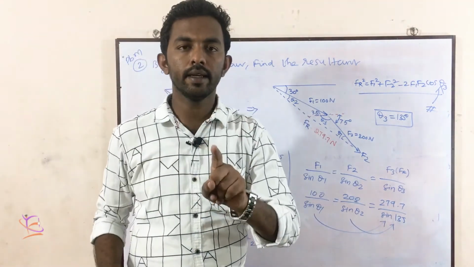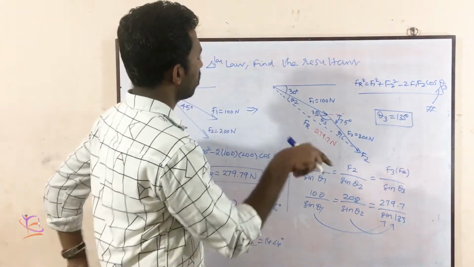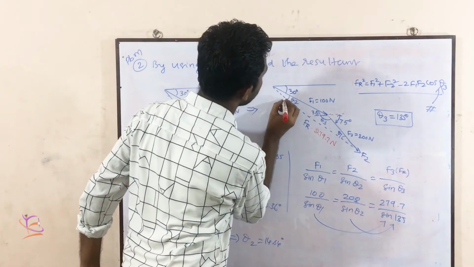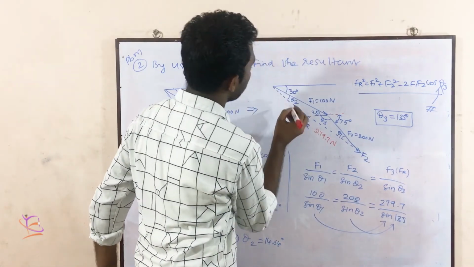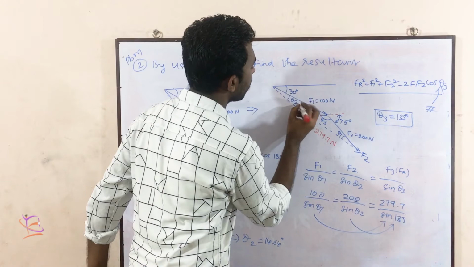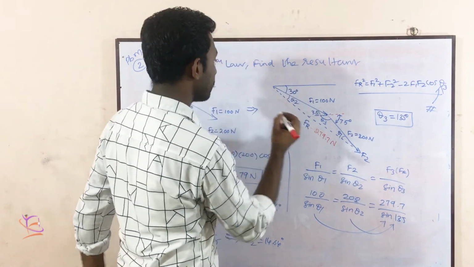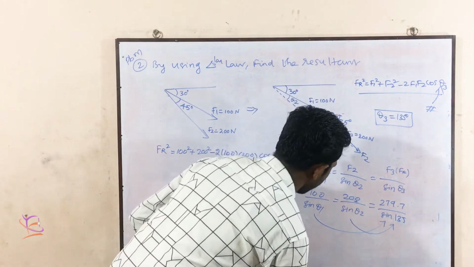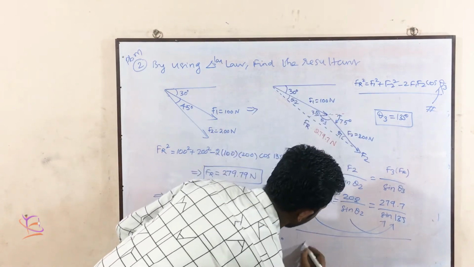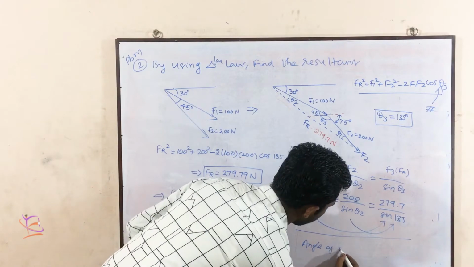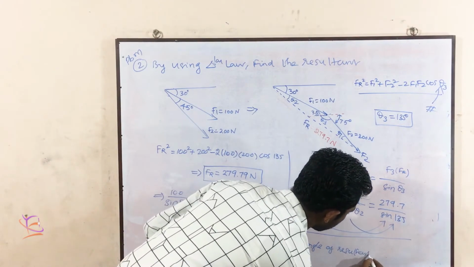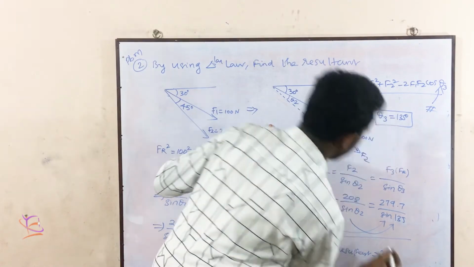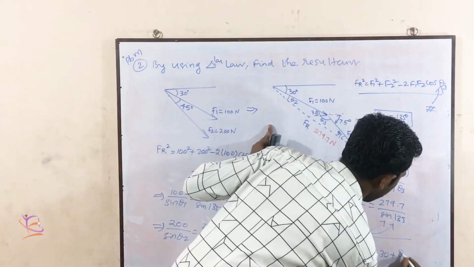So we need the direction of the resultant. So the resultant is here. This line is the resultant one. So 30 degrees there, and theta 2. So finally you can write the angle of the resultant equal to 30 degrees plus theta 2.